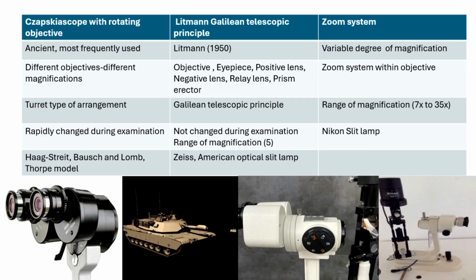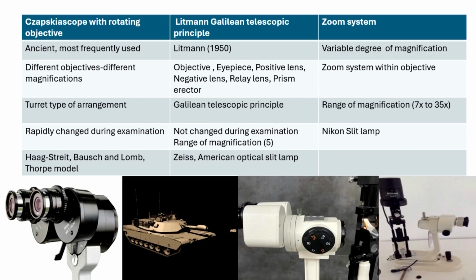This principle is known as the Galilean telescopic principle. The objective and eyepiece are not changed during examination. It provides a range of magnification by a factor of 5, so the magnification goes 5x, 10x, like that. And it is incorporated in the Zeiss type and American Optical slit lamp.